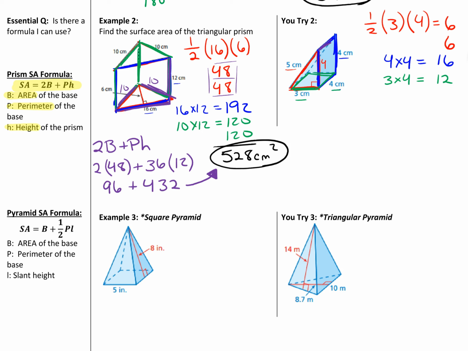And finally, we see back here, it's a little hard to see, but we can see that dimension here is 5 by parallel to this line here is 4 over here. So 5 times 4 is 20. And so our total surface area is 60 centimeters squared.